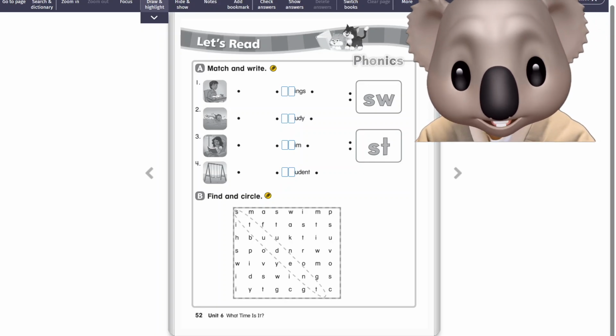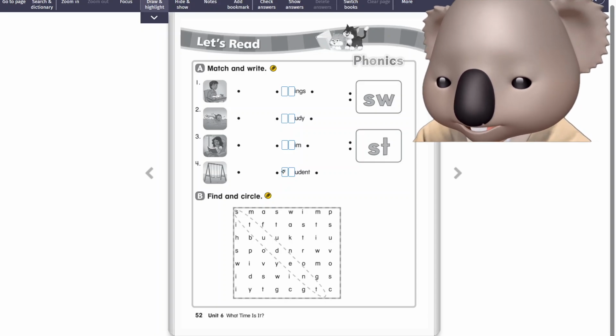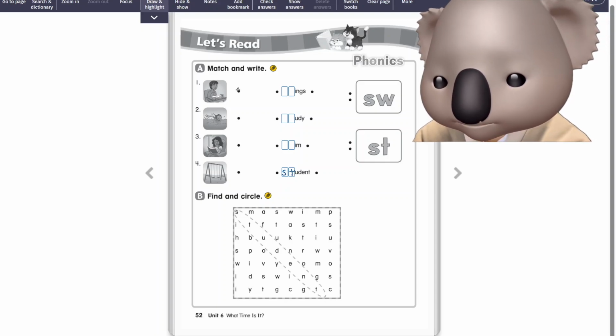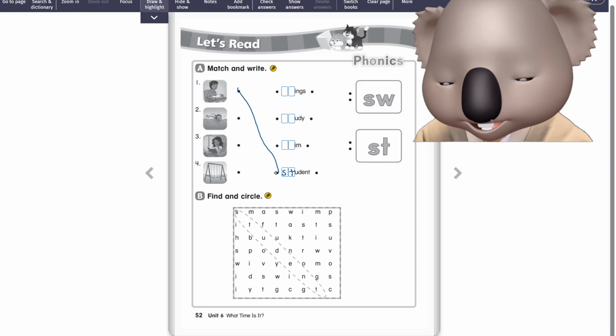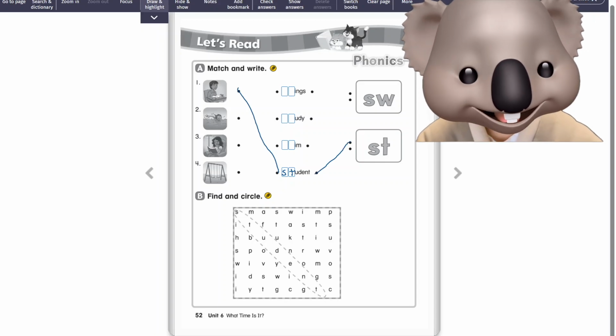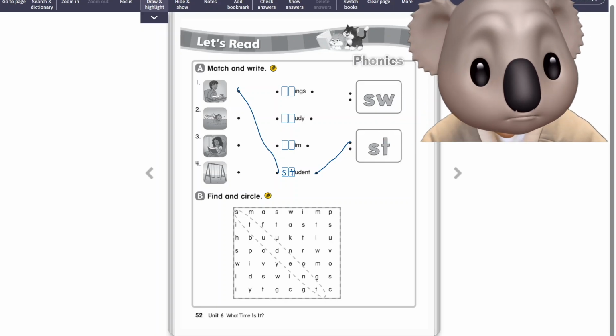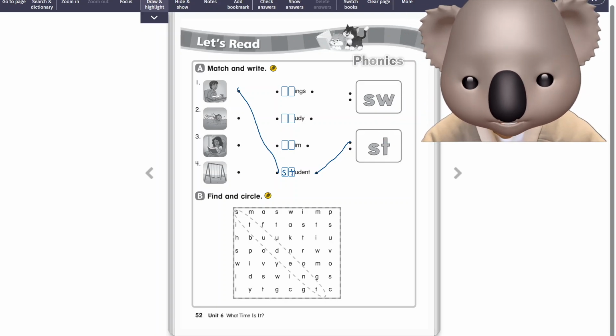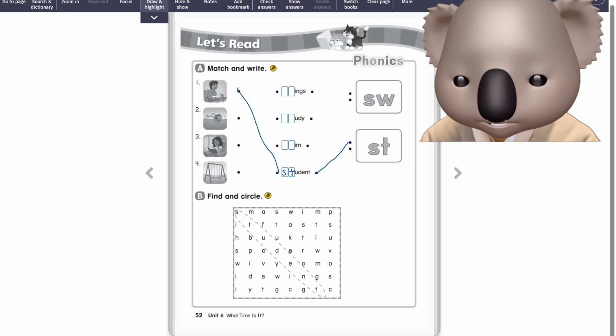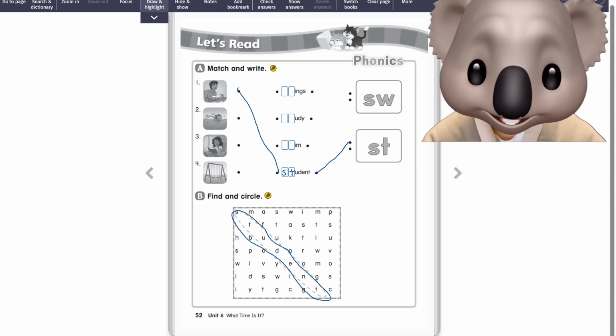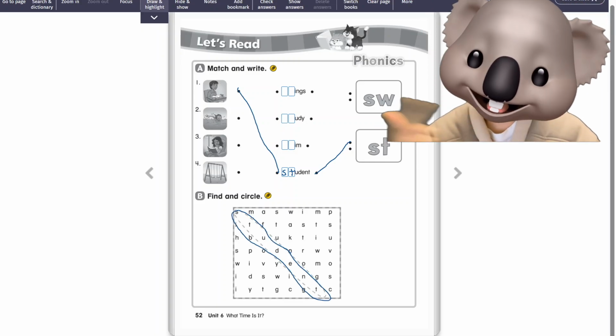Right here. So we'll write ST, draw a line, and draw it to ST. For numbers 2, 3, and 4, you can do it on your own. When you're done with all 4 words, in part B, you're going to look for the words. 할 수 있죠? Great! Let's keep going.